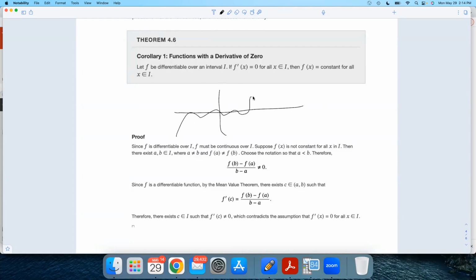It's doing all kinds of crazy stuff. But from say here to here, A to B, on some interval I, that function doesn't change. It's a horizontal line if and only if the derivative is zero everywhere in that interval.